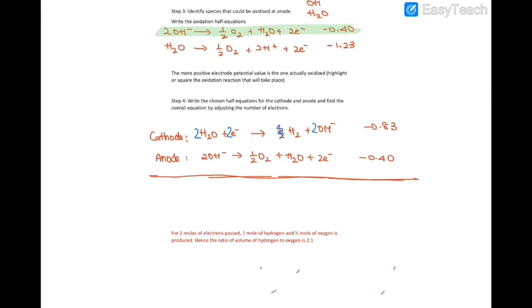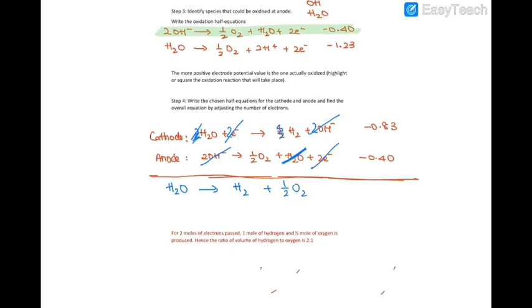And then the 2 electrons will cancel out. On both equations, I have OH-, they will cancel out. And I have H2O here and 1 H2O that will cancel out. So I end up with the overall equation H2O giving H2 and half O2.